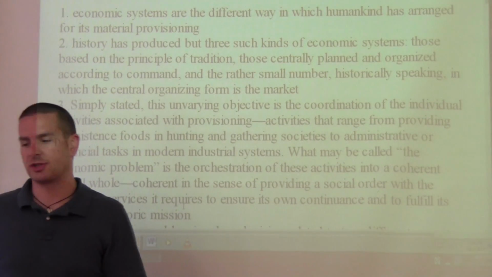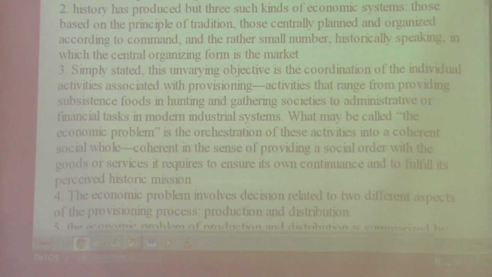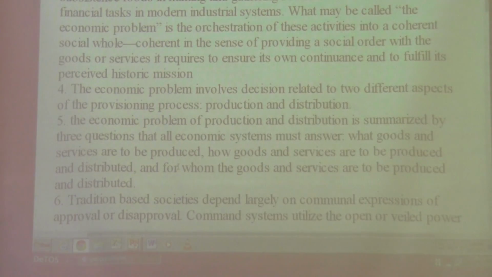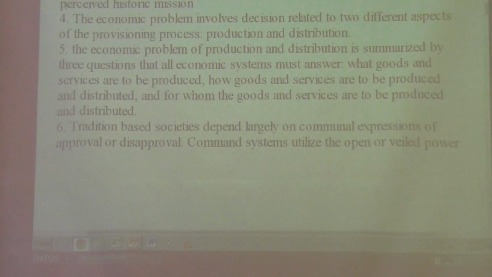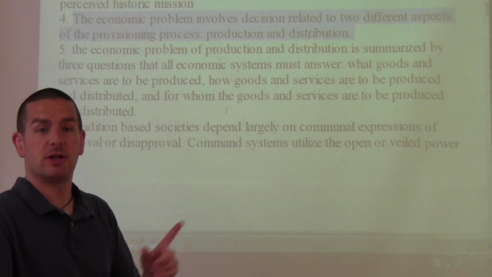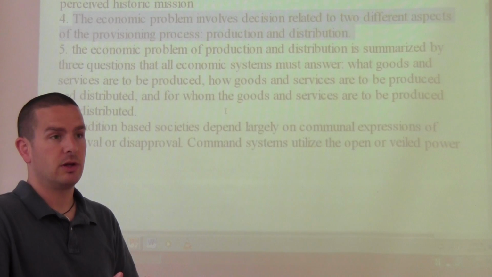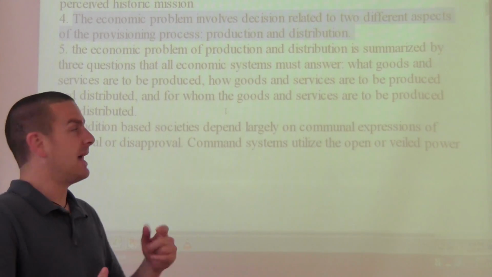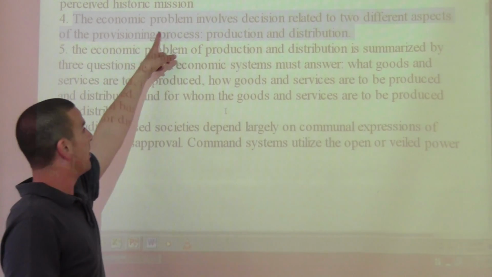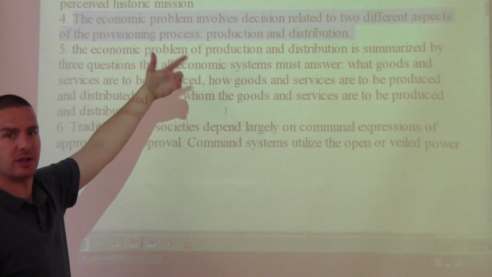Let's go down to a traditional society. The economic problem, which I mentioned before, is what are we going to produce, how are we going to produce it, and who's going to get it? That question, that problem, essentially involves two different aspects of a provisioning process.